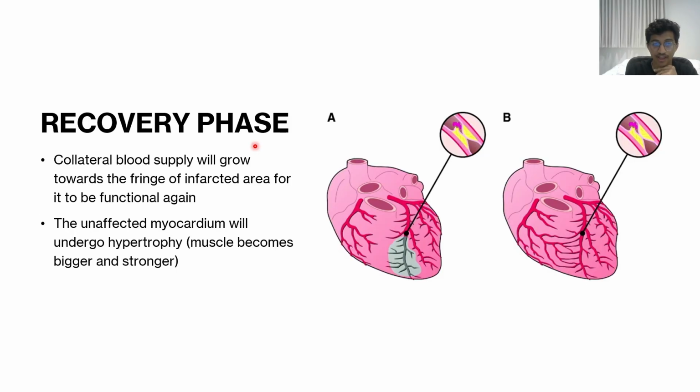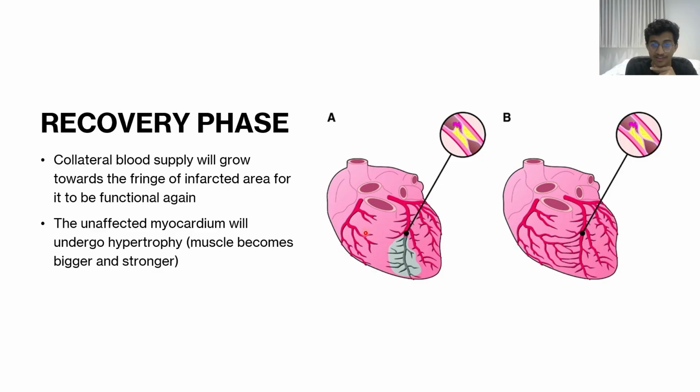However, if a person has a myocardial infarction, they can have a recovery phase where collateral blood supply will go towards the area around the infarcted area. So there are areas around the infarcted area that have less blood supply, but they're not as ischemic as this area right here.